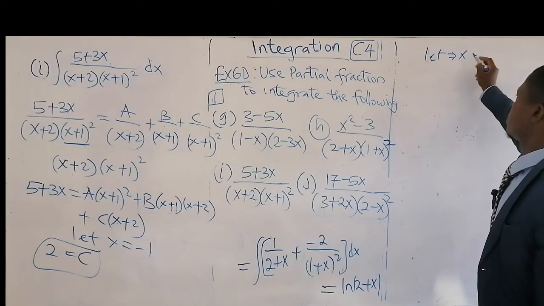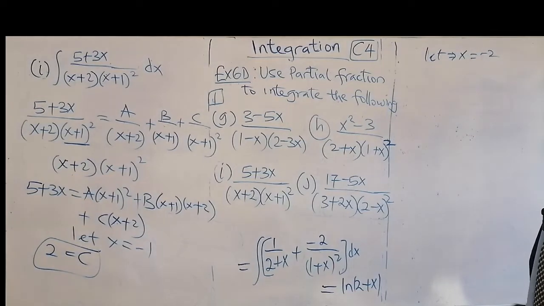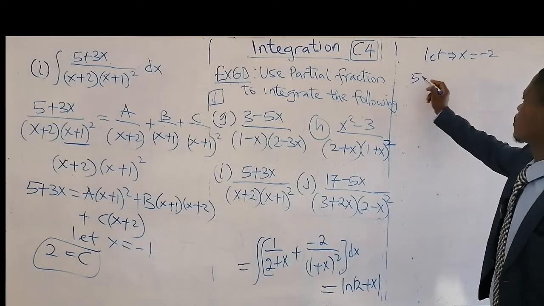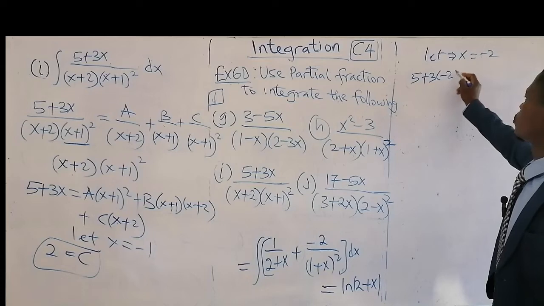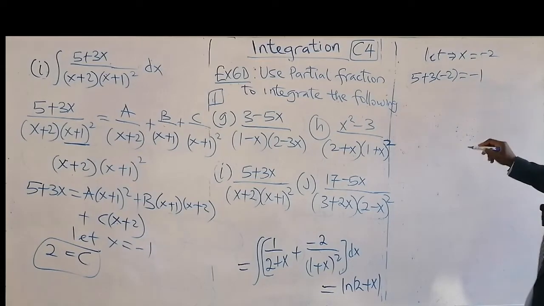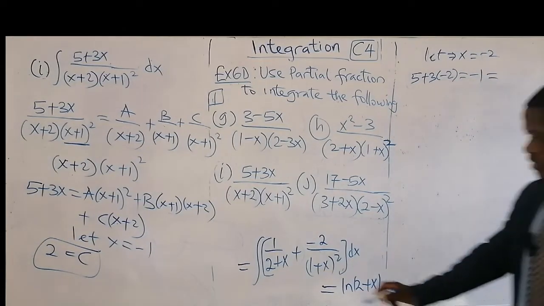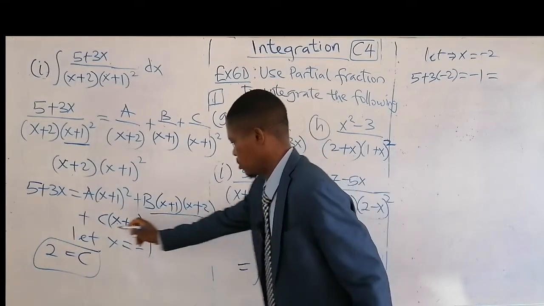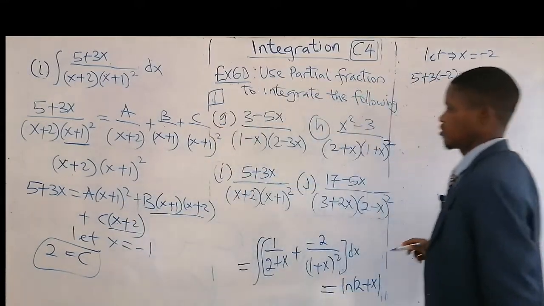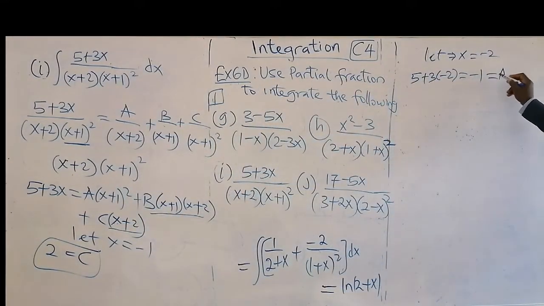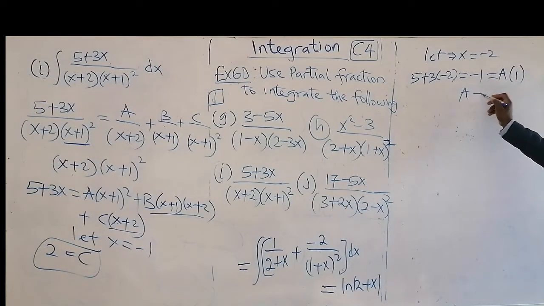Let x equal minus 2. So we have 5 plus 3 times minus 2, which is minus 1, equal to, this expression will become 0, this will become 0, then we have minus 2 plus 1, that's minus 1, all squared, so that's 1. So A is minus 1.